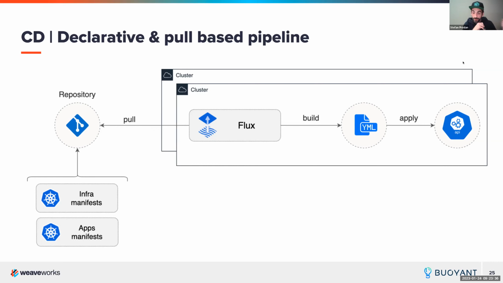And when the change is detected in the repo, it tries to reconcile it on the cluster. So this is a huge shift in terms of how you think about continuous delivery, right? The clusters themselves are aware of state changes, and they do their own state management, instead of having this imperative thing like a CI job which connects to them.